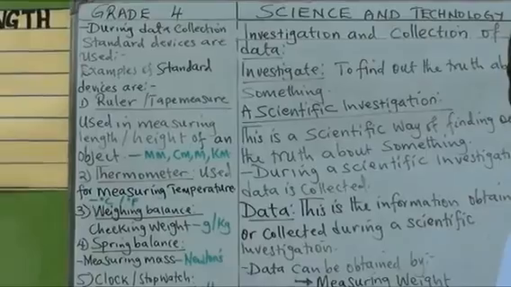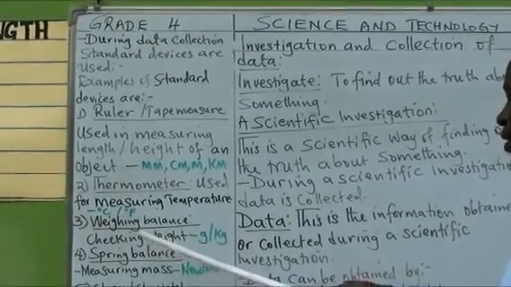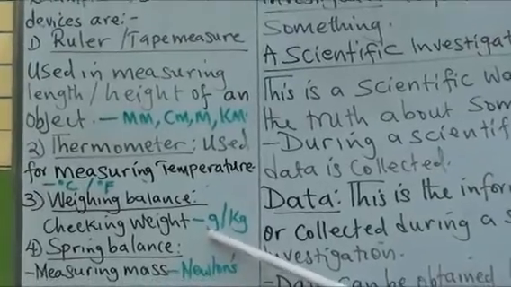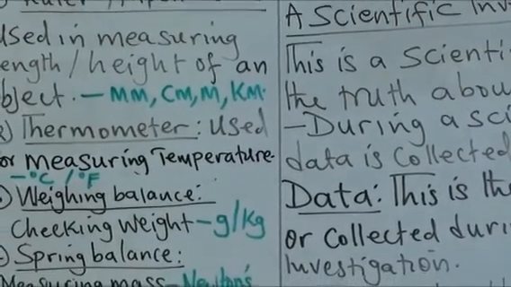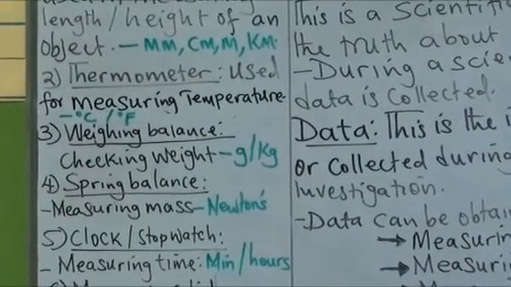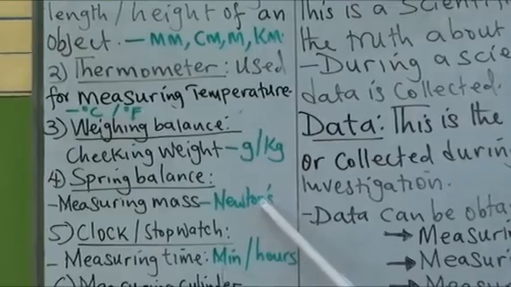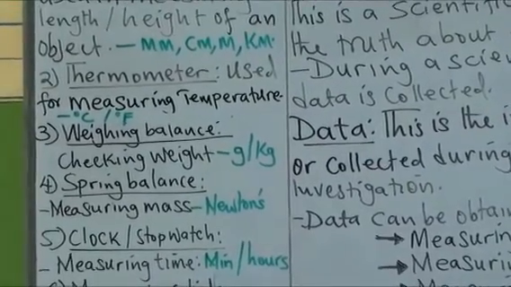Standard devices used in the collection of data include the weighing balance for checking the weight in grams or kilograms. We have the spring balance used for checking the weight of an object, measured in newtons.